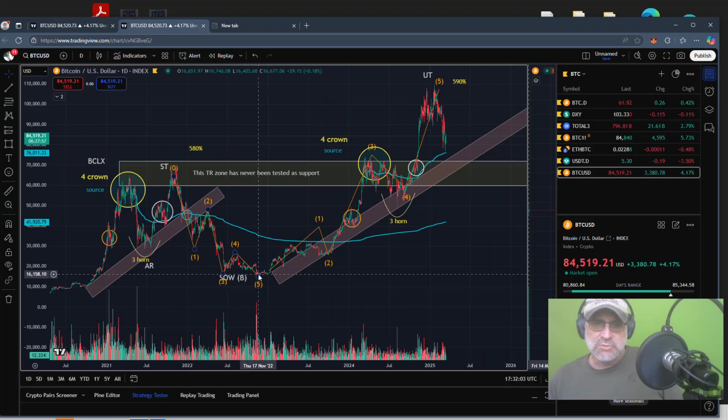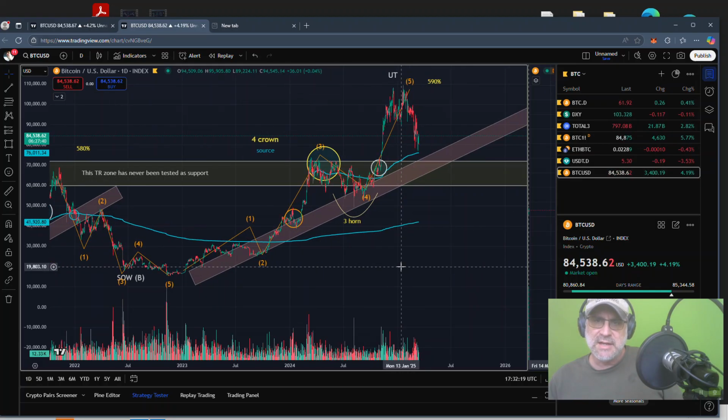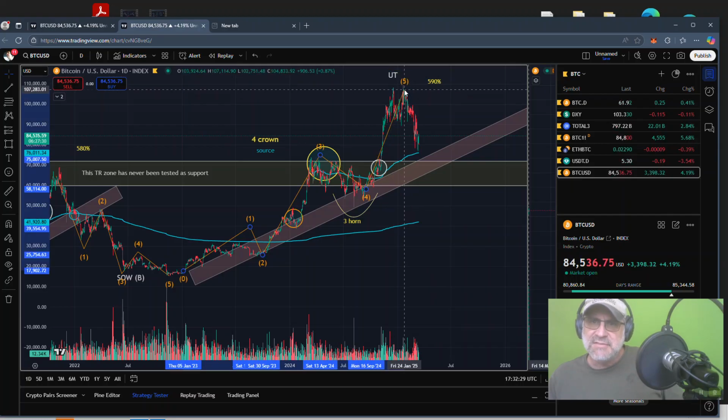The 5, of course, reaching all the way down to the low, to the sign of weakness, and then the 5 impulse up. The 1, the 2, the 3, the 4, which was the consolidation period or the corrective triangle that we had, that long period of trending before the Trump pump, and then culminating in the upthrust, which is of course the 5.